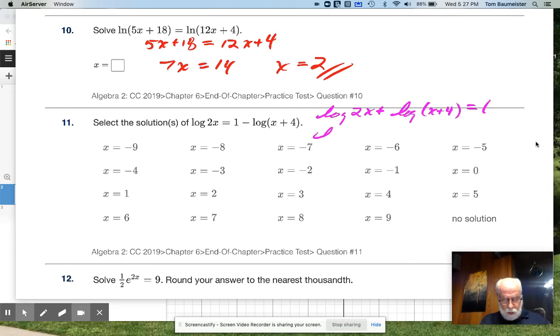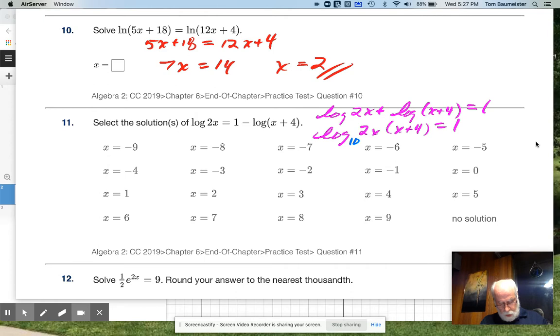Then, remember, since I have that plus there, I can multiply them together. So I can write that as log to the 2x times x plus 4 is equal to 1. Now remember, this log is raised to the 10th.